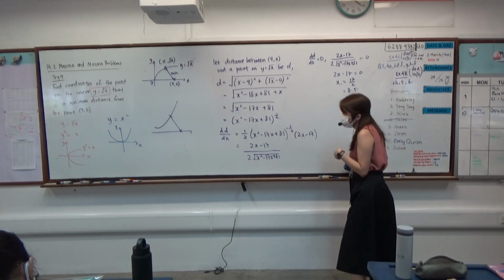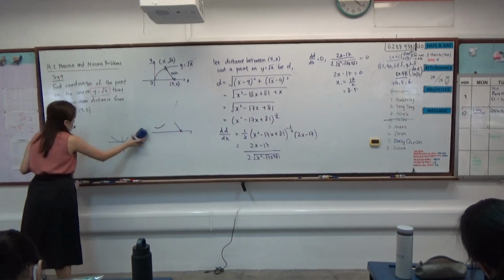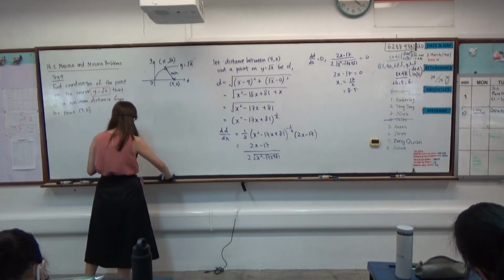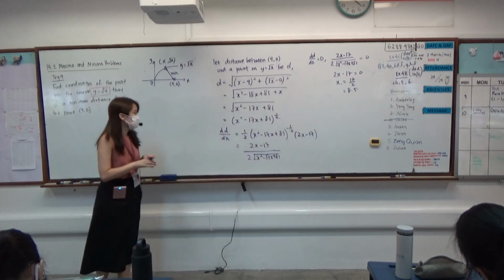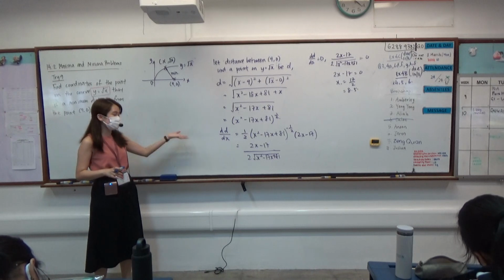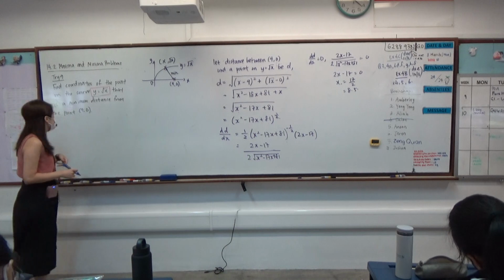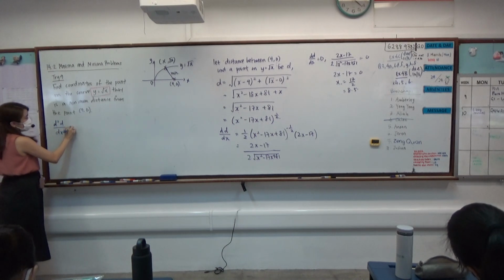I'll show you by doing the second derivative test first. It will be challenging. In this case, maybe it will be easier if you do it by product rule, or if you want to do quotient rule, that's also fine. So let's do our quotient rule.